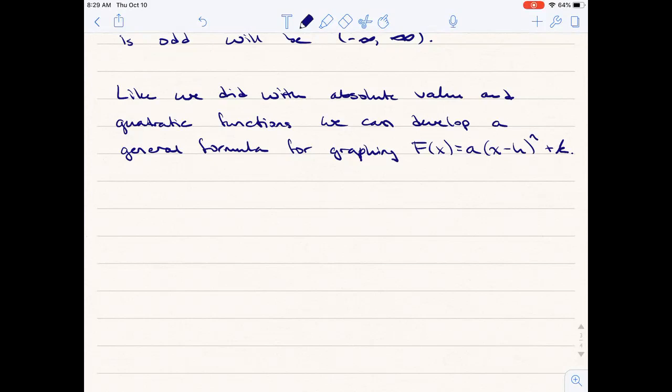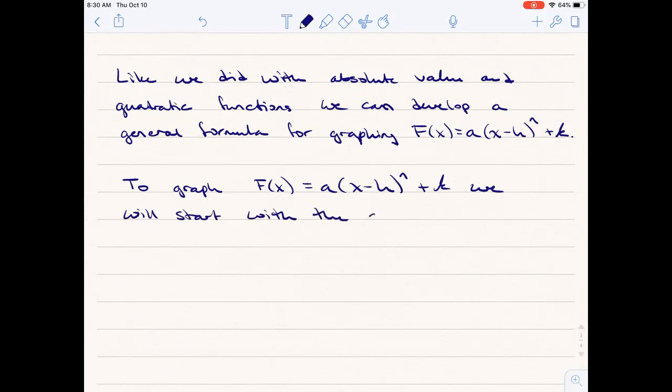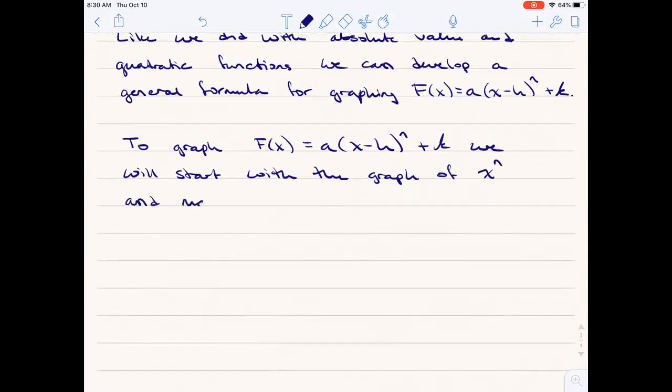And so to graph f of x equals a times x minus h to the n plus k, we will start with the graph of x to the power of n and manipulate it following these steps.